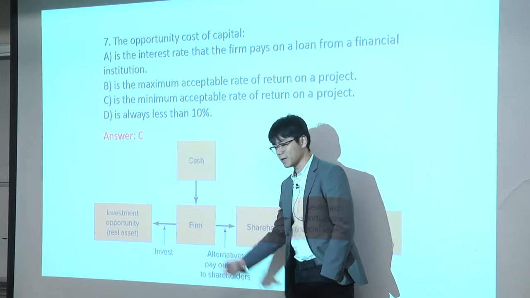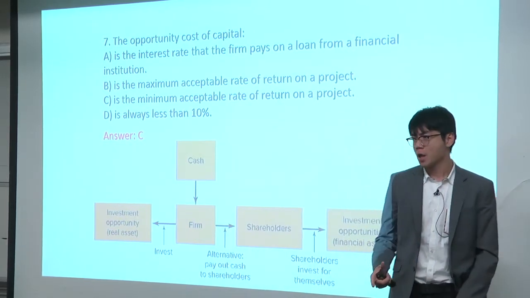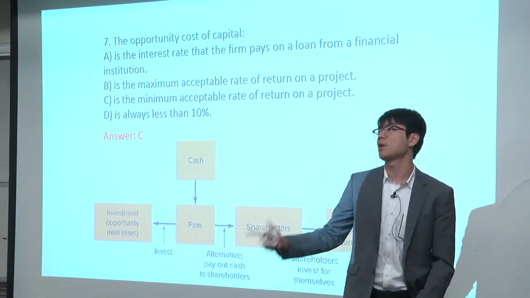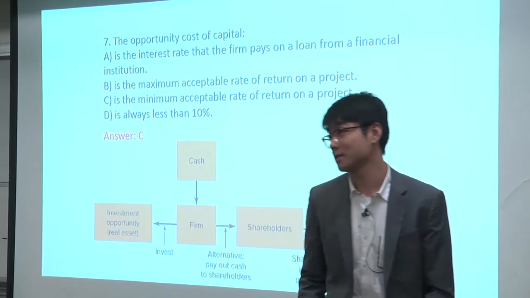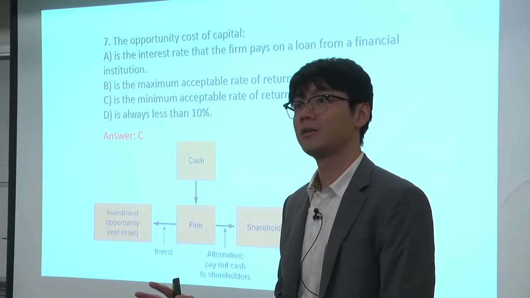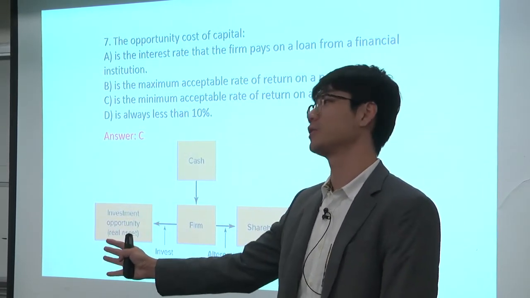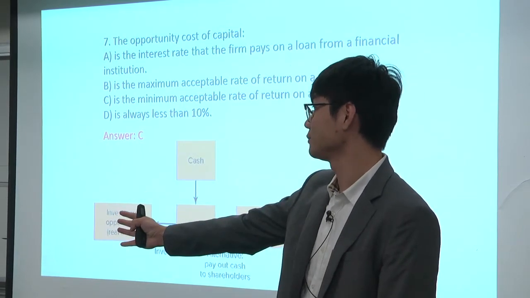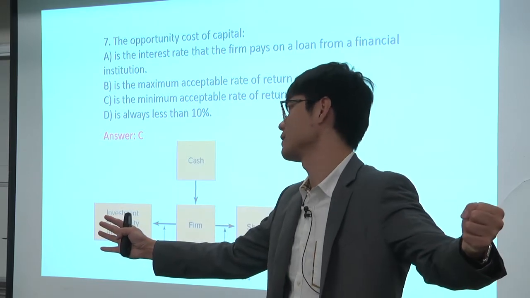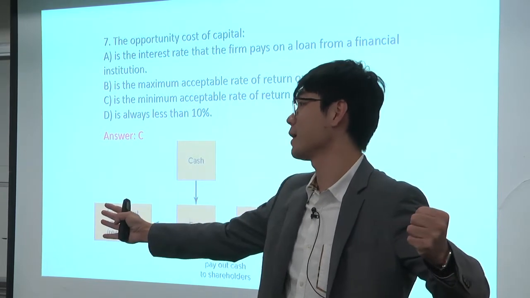Managers are trying to maximize shareholders' wealth. So if the shareholders can get 10% with that money, but in the next project the firm is only getting 5%, would the manager do it? No. Giving the money back to the shareholders, they get 10% on their own. If I keep the money and invest for my shareholders, I get 5%. Which one's better? Giving the money back.